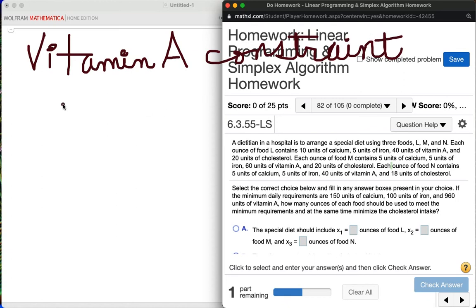So I need to work on my vitamin A constraint.